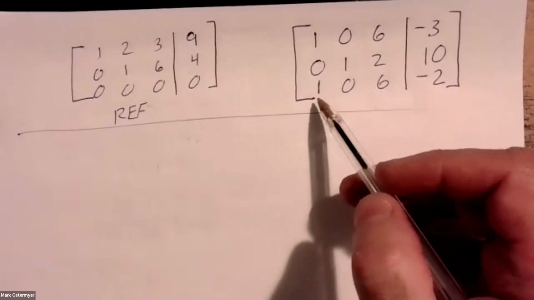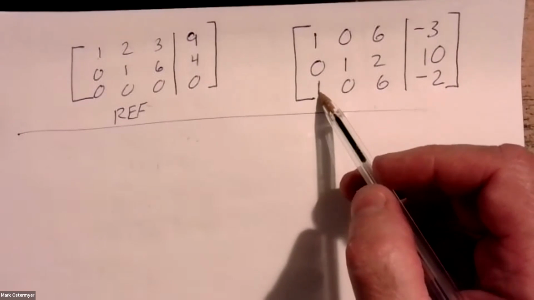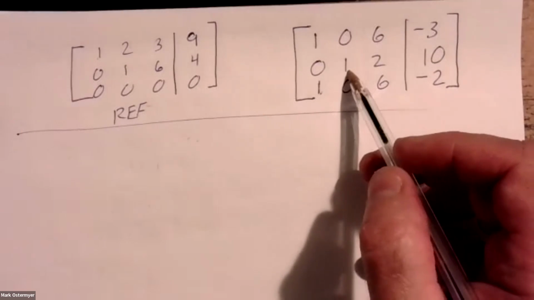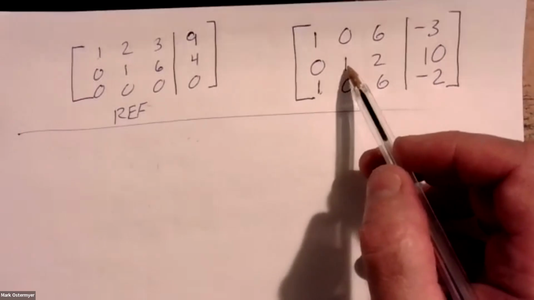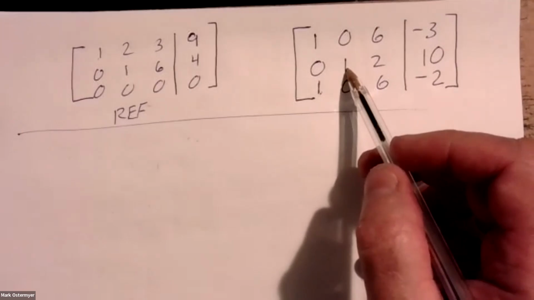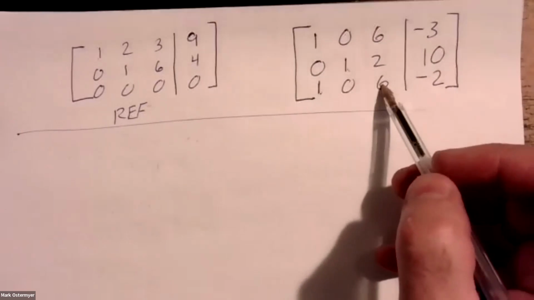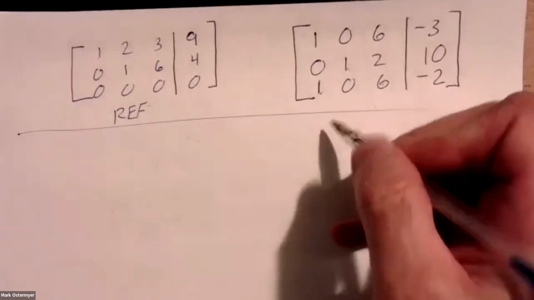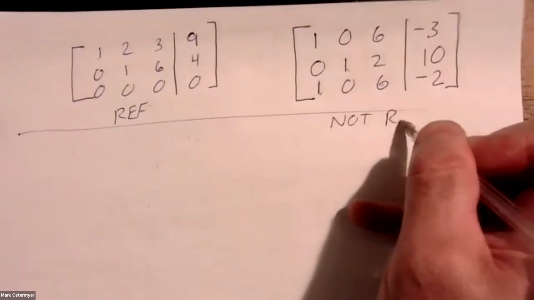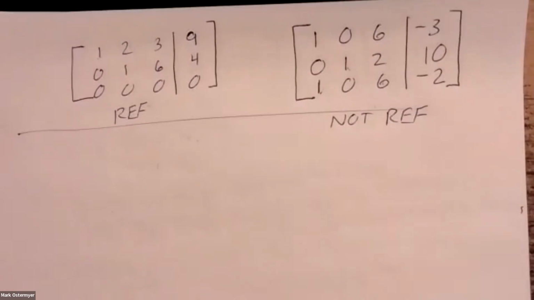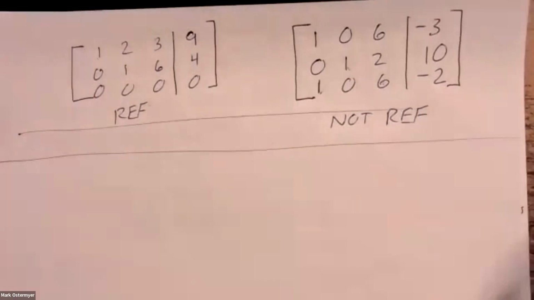Didn't it say that the leading 1 has to be to the right of the 1 above it? Yeah. Notice this leading 1 of row 3 is in a column that's not to the right of the column that contains the leading 1 of the previous row, the second row. This one is to the left of this one. It should be to the right. It should have to be over here, correct? This is not in row echelon form. All right. Okay, so any questions? Do we understand what row echelon form is for a matrix?